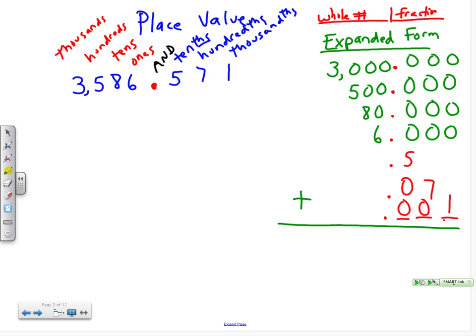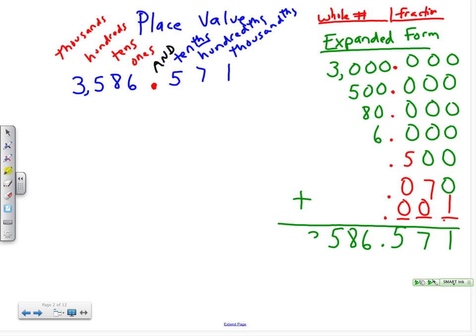And actually this 0.5, 5 tenths, I could read as 50 hundredths or 500 thousandths. The value hasn't changed. And I can also add a 0 after my 7. So I'm adding all these extra zeros just so all my digits are lined up. When I add them back, I get the same number.